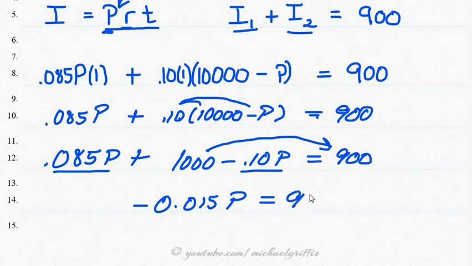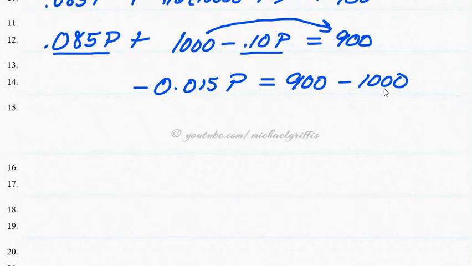So we have 900 minus 1,000. All right. So 900 minus 1,000 is going to leave us with negative 100.